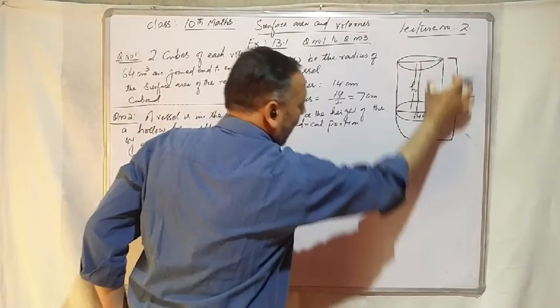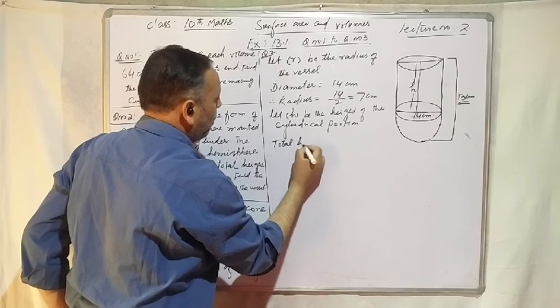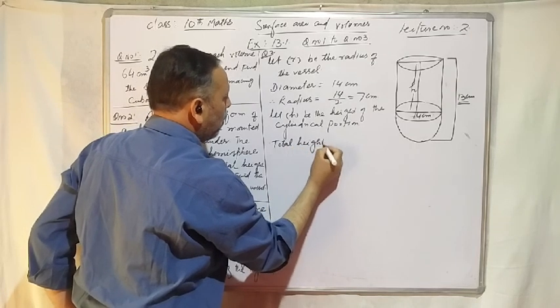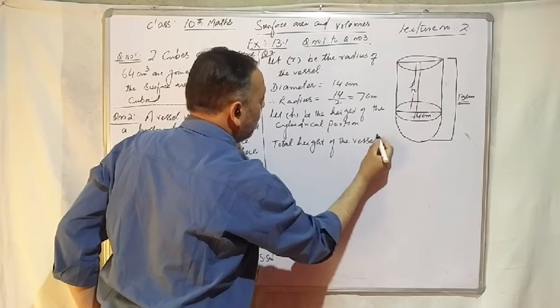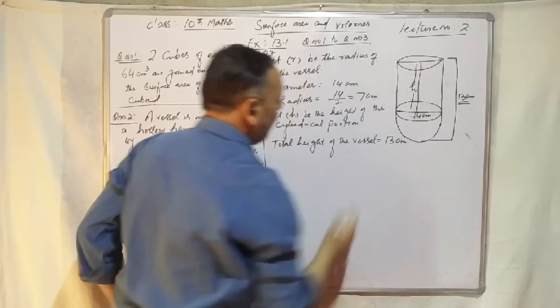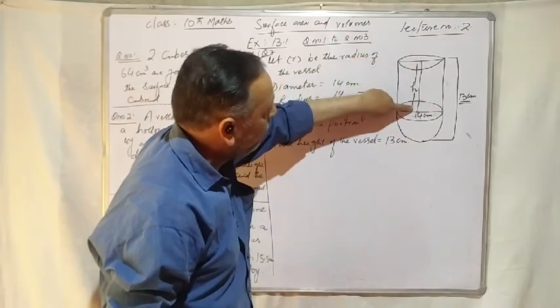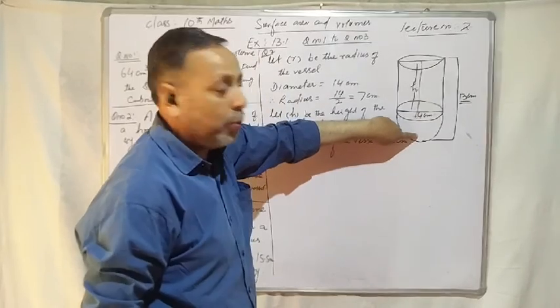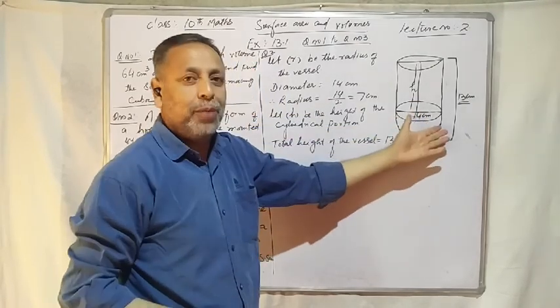Now, total height of this vessel is 13 centimeter. If you look at the total height, this will be the height of the cylindrical portion plus height of hemispherical portion. In case of hemisphere, radius and height is one and the same thing.